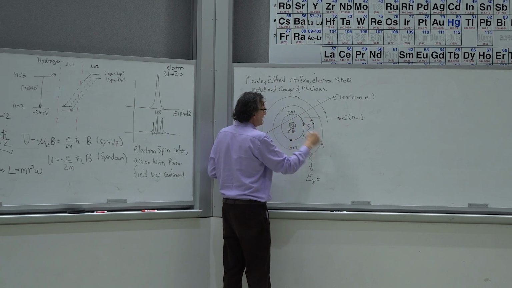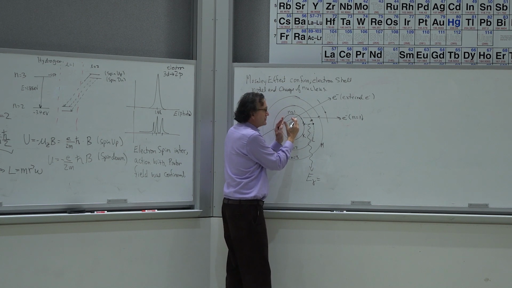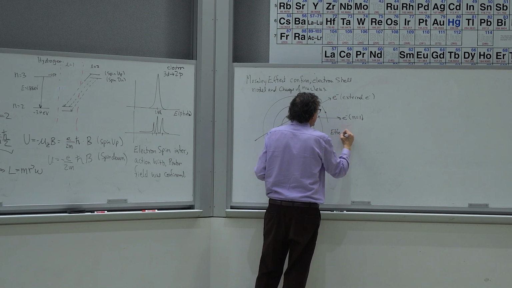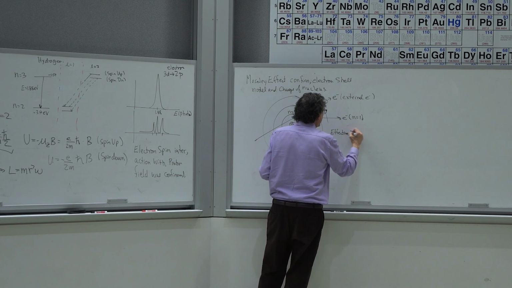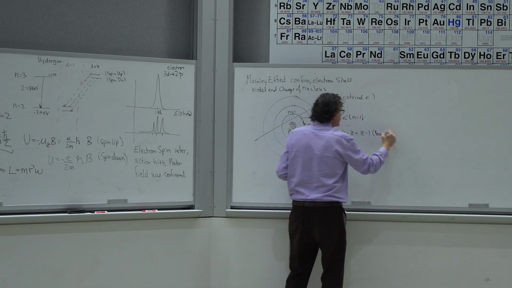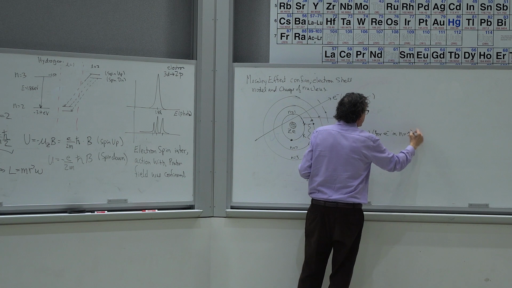This one got knocked out. This one's still zipping around, but it shields the nucleus. It has a charge. So the effective Z is equal to Z minus 1 for electrons in n equals 1.